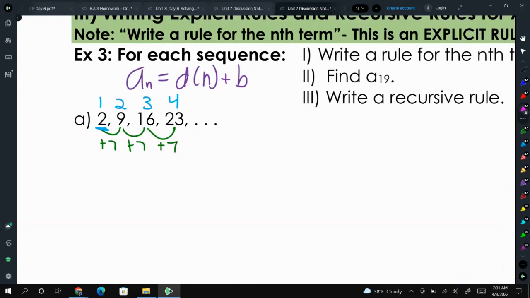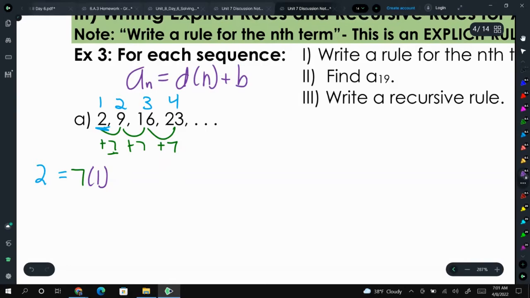So what we're going to do is say 2 equals, our common difference is 7, our n value is 1, plus b.